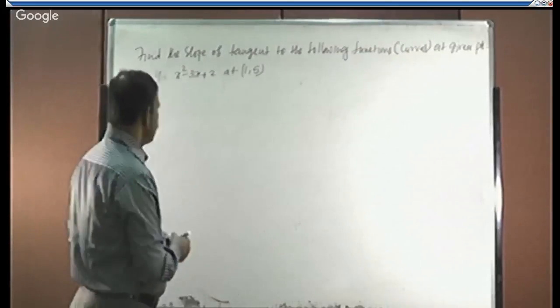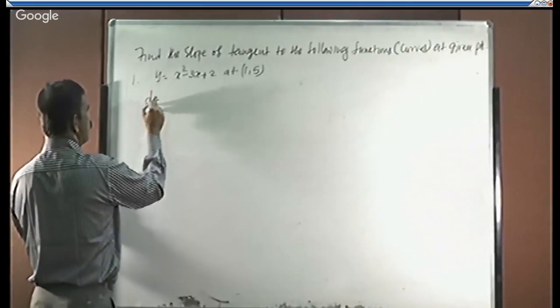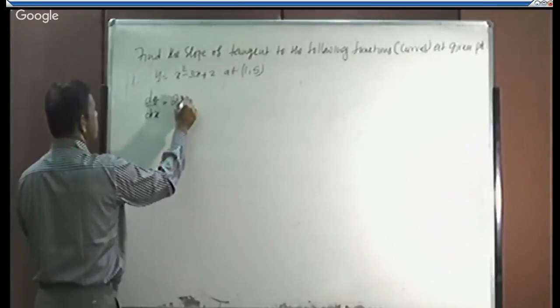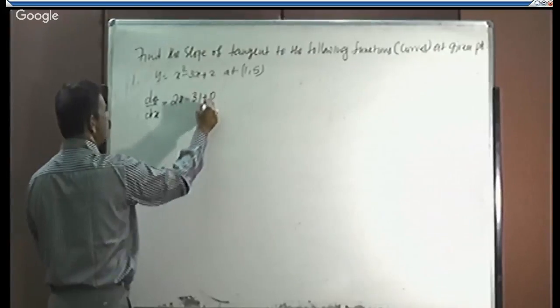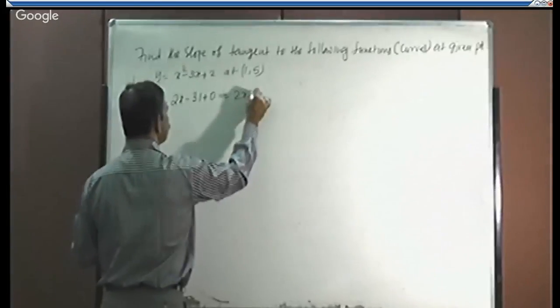What to do? First take the differentiation. Dy by dx is equal to differentiation of x square, which is 2x, minus differentiation of 3x, which is 3 into 1, plus 0 for the constant. It is 2x minus 3.